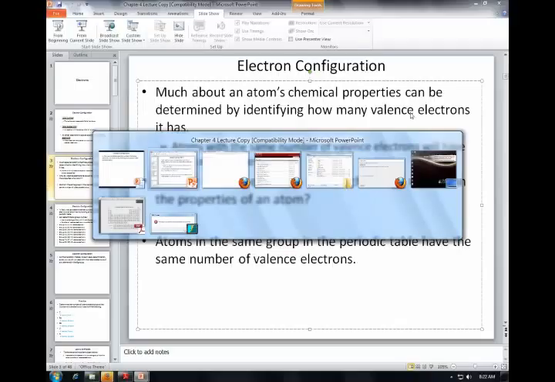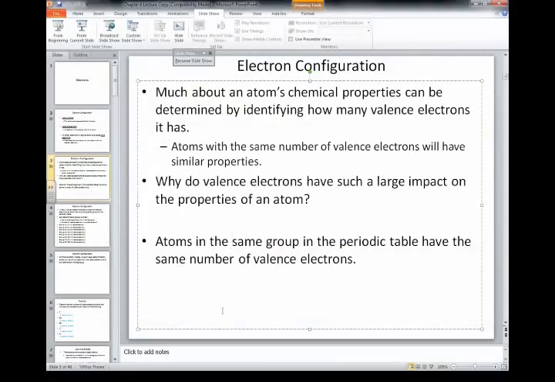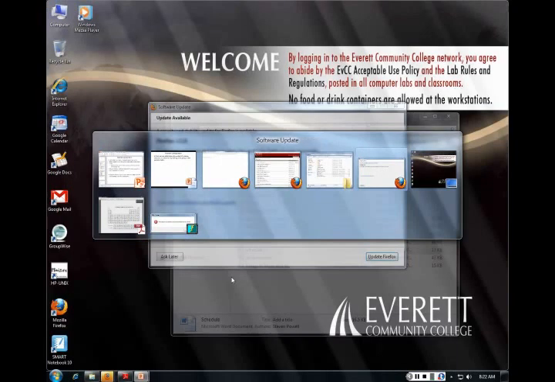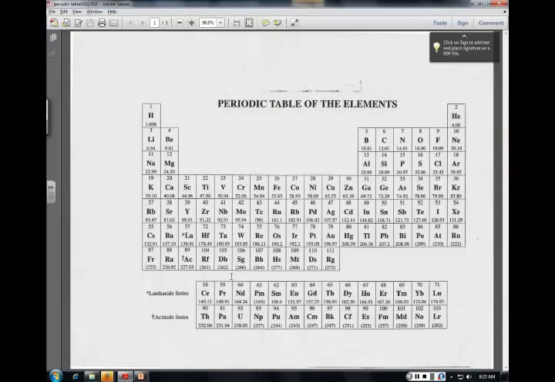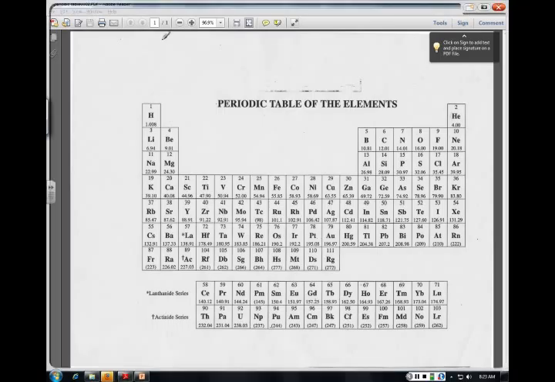Now, my periodic table here doesn't actually have the proper labels up here, so I'm going to have to write them in.